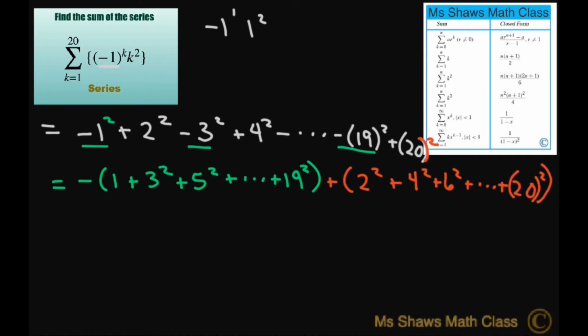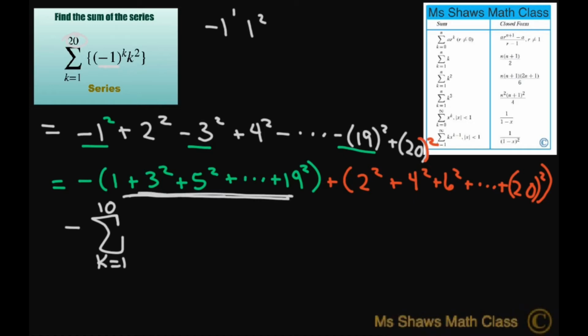All right, so let's look and see what we have. These are odd numbers. So I can write this as negative, I'm pulling that out, times the sum from k equals 1, and I'm going to change this to 10 because we only have 10 numbers here. Remember, we're going to 20, but for the odd numbers, there's only 10.